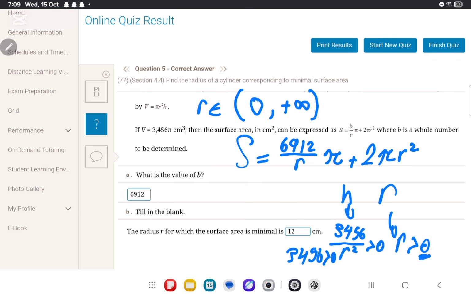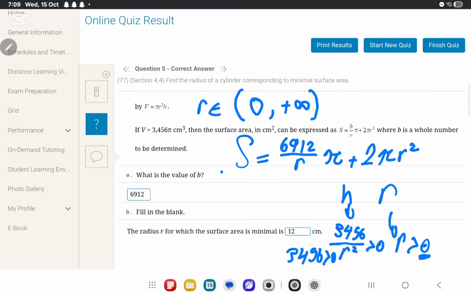So now you're just going to find the critical values. What does that mean? You're going to find the derivative of this. The derivative of this is annoying to do, but you can do it, and obviously we learned how. So let's do it.